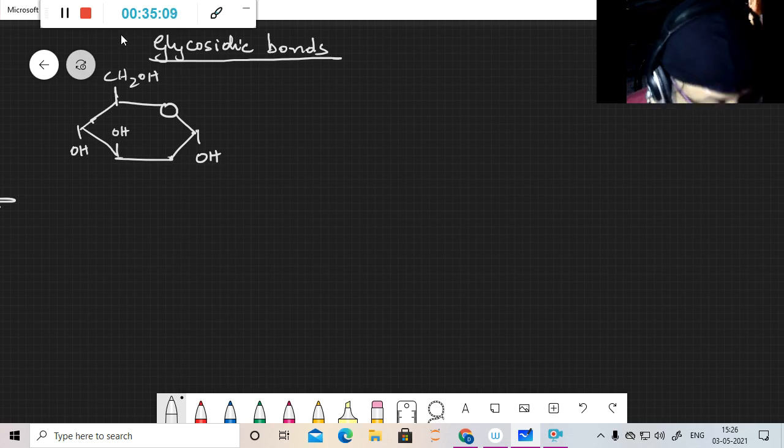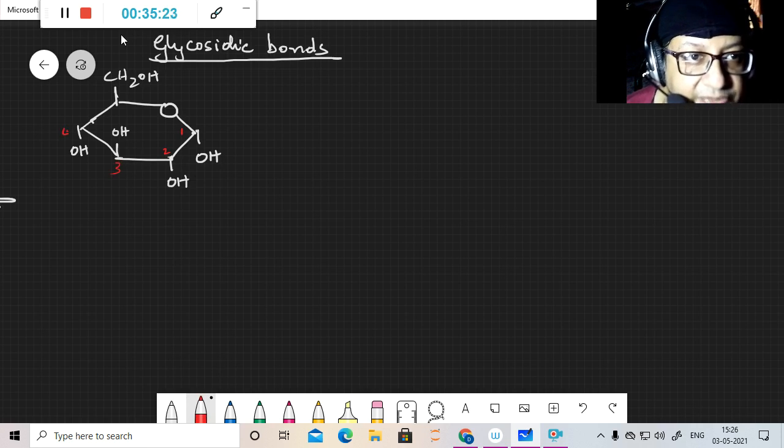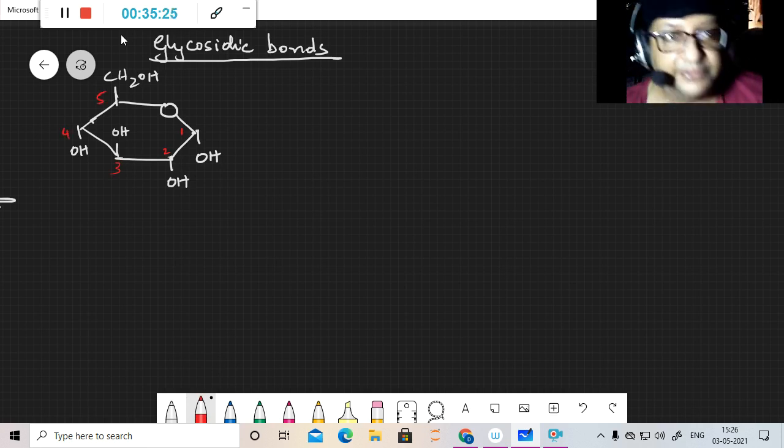CH2OH. I am only drawing the OH, I am not drawing the H over here. And neighboring this is C1, C2, C3, C4, C5, and on the top C6.